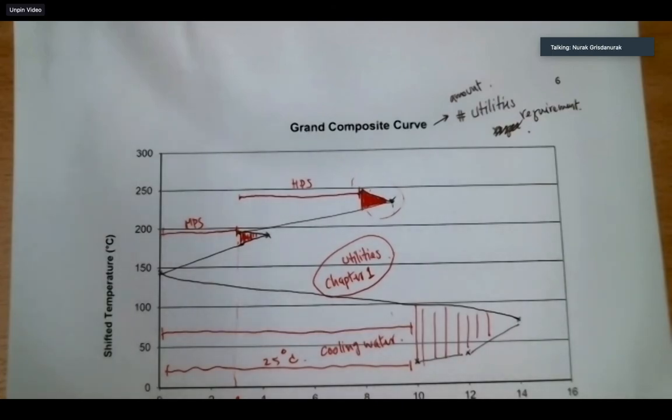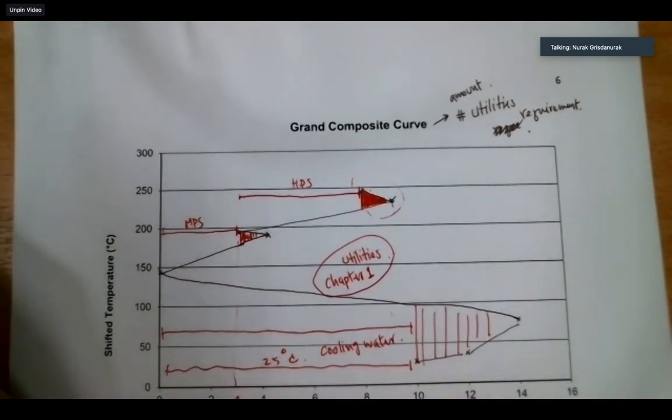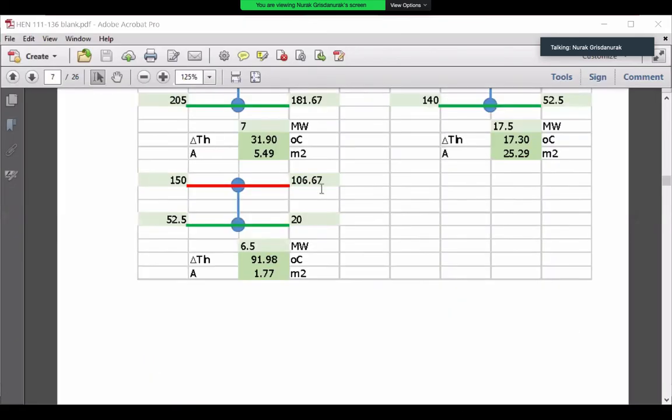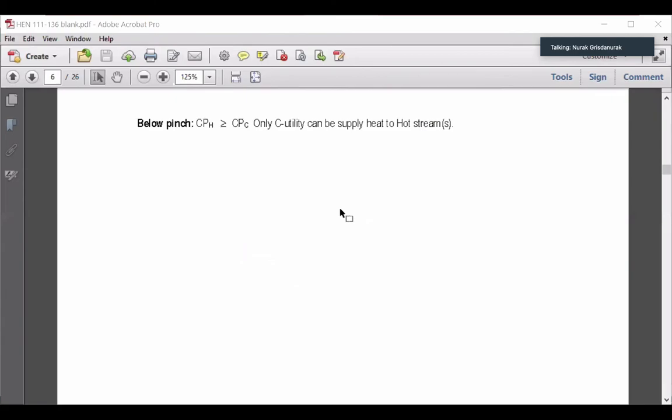Any question? No. You can't see the picture yet because later on you're going to do something with the network, that's why we call it a heat exchanger network.